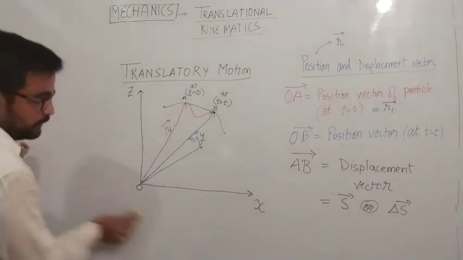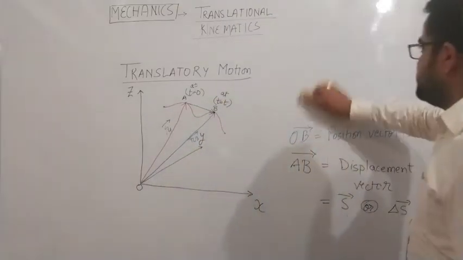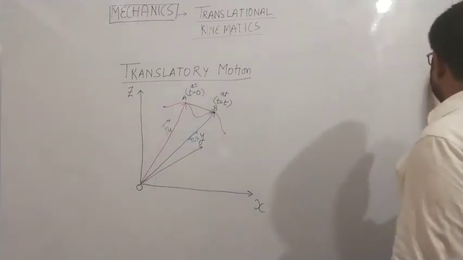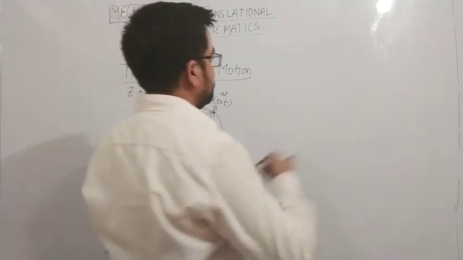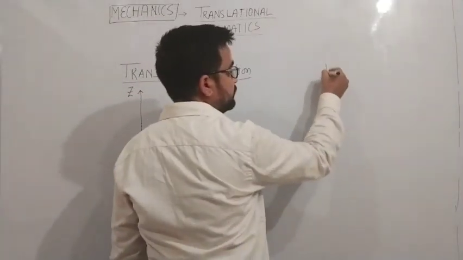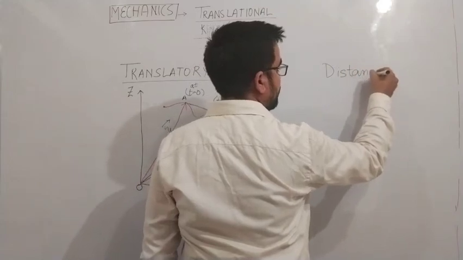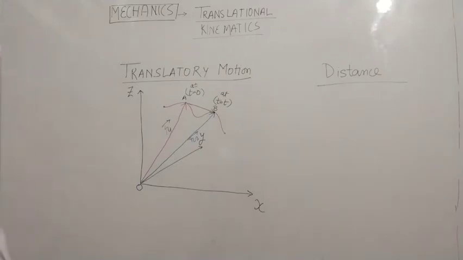Now next in line is obviously the scalar parameter, and that is distance, right? What is distance?